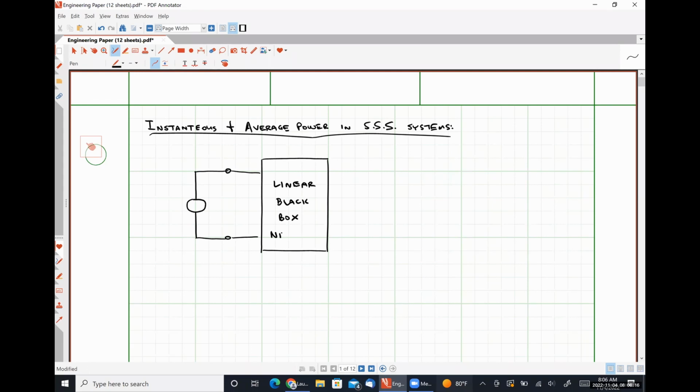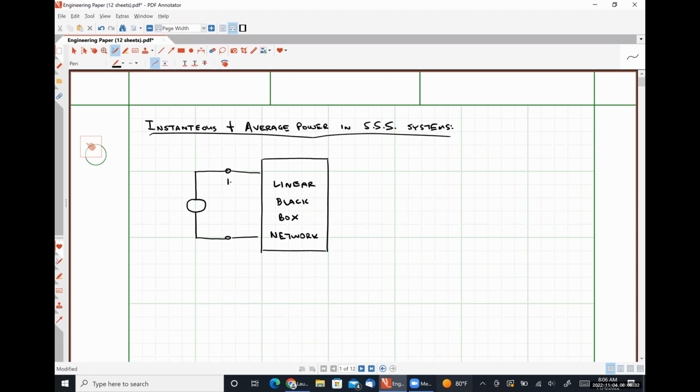This linear black box network could be representative of literally any circuit or component formed of resistors, capacitors, inductors, and sources, either independent or dependent.